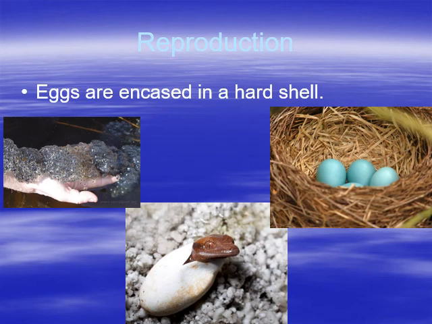And then in the center of this slide, we of course have a reptile egg. We have a reptile, probably a lizard, maybe a snake, being hatched out of there. So that is going to be something that is similar between birds and reptiles. They have that hard egg. They have that hard shell. Birds and amphibians, their eggs are going to be different.